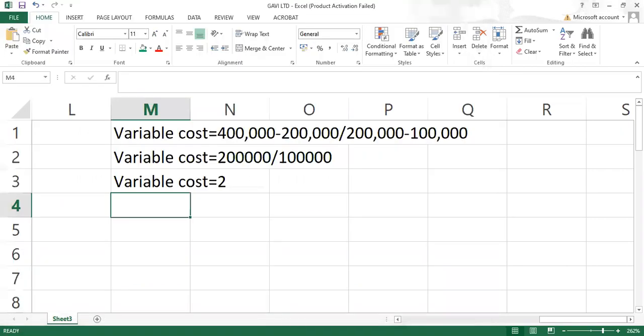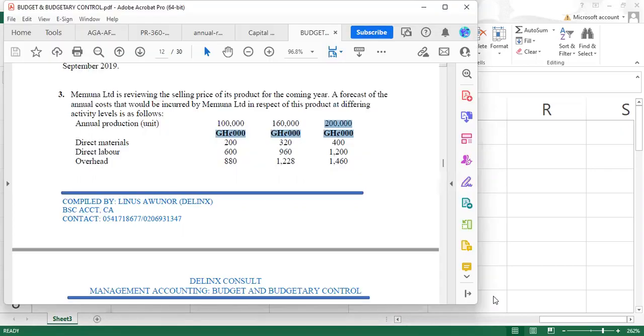Do that for direct labor. Get the direct labor cost per unit. Let me see.